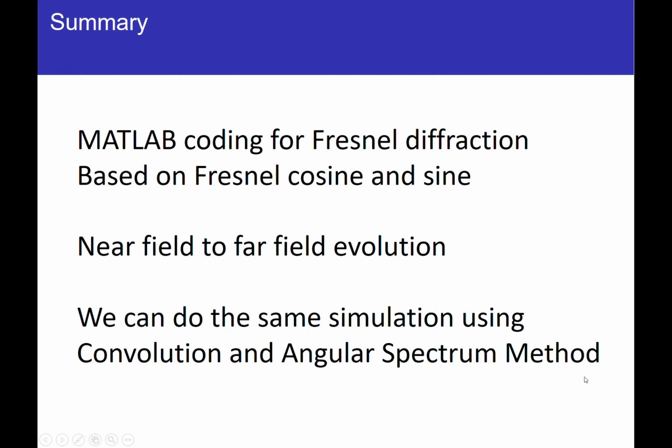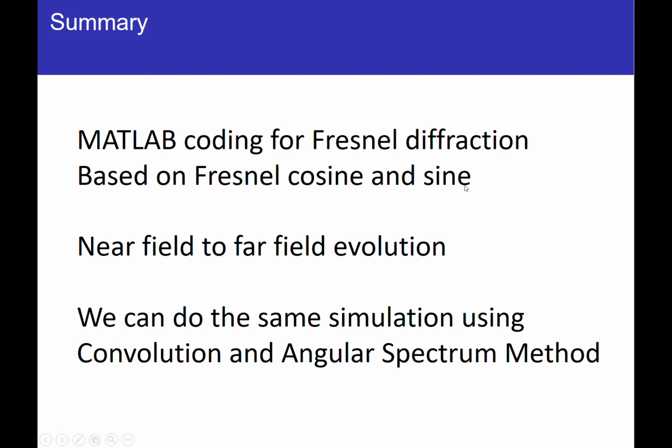Okay, so what we have done in today's lecture is that we have utilized the Fresnel MATLAB code that is given to you, and then the Fresnel cosine and sine. So the Fresnel MATLAB code will give you the Fresnel cosine value and the Fresnel sine value.